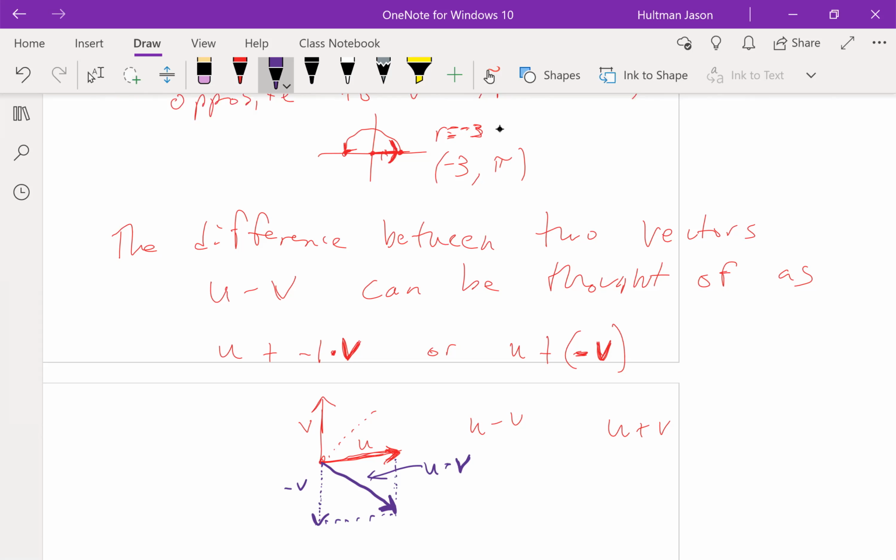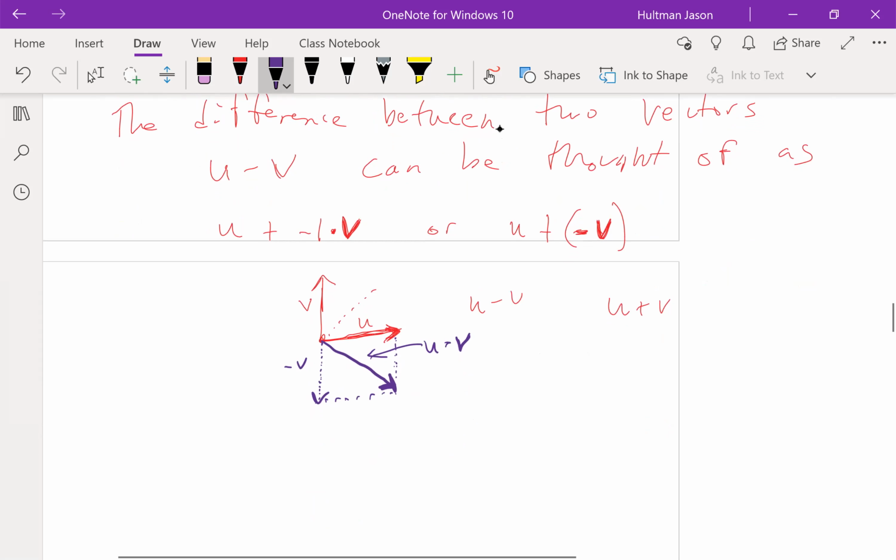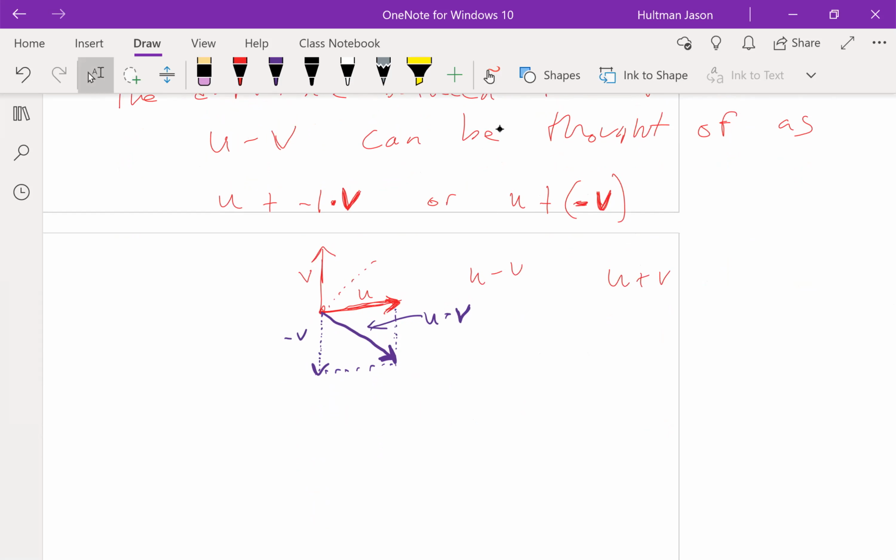Maybe a better way to think about this is to look at u plus v and see what happens. Let's keep the same graph. I'm going to move the location of u minus v.